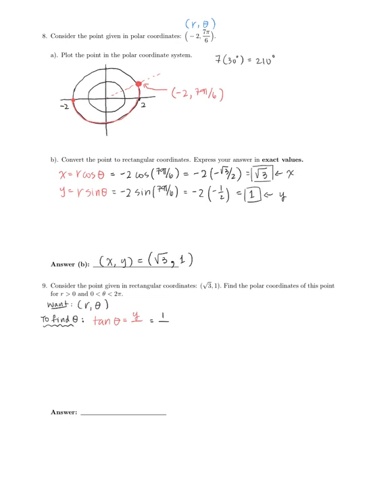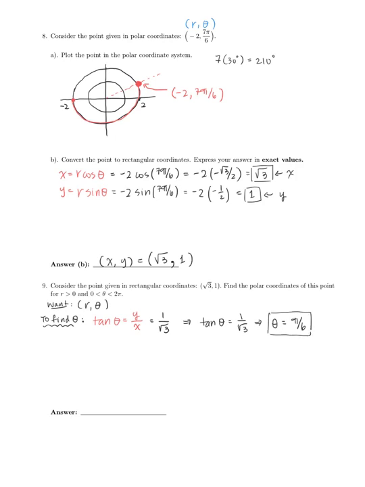Alright, so y over x. So here you're going to get 1 over square root of 3. Okay, so that implies that, let me just rewrite it nicely. Tan of theta is 1 over root 3. So this implies that theta is pi over 6. Okay, I'm just gonna box that.